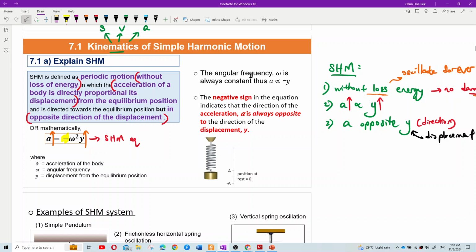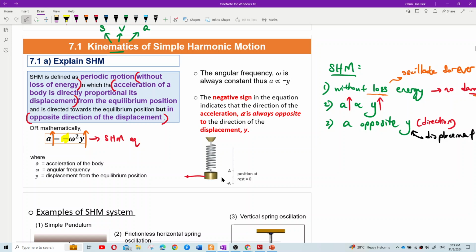And omega is always constant. Omega is related to the period. Every kind of oscillation has a period, right? Like you see this oscillation. How to calculate a period?